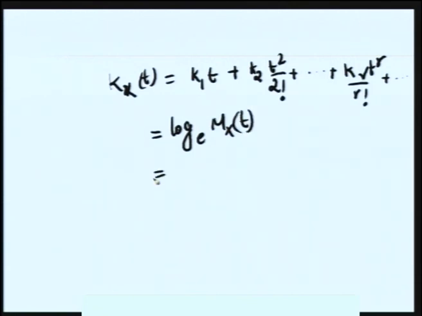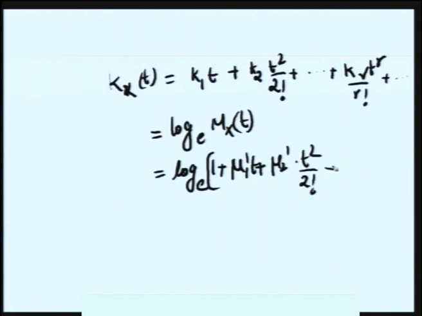From the basic definition, it generates moments, which we have already discussed. So, it is written in terms of moments as 1 plus mu 1 dash t plus mu 2 dash into t square by 2 factorial plus etcetera plus mu r dash into t power r by r factorial plus etcetera up to infinity.